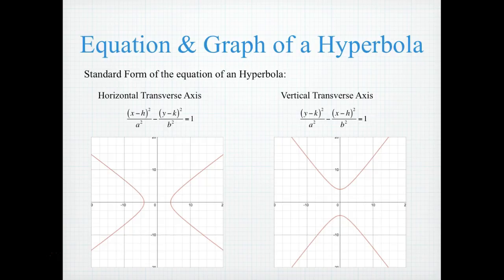The way to recognize the parts of a hyperbola, as far as the denominator goes, is that a squared is always listed first, b squared is always listed second. In the horizontal transverse axis, x is listed first, and in the vertical transverse axis, y is listed first.